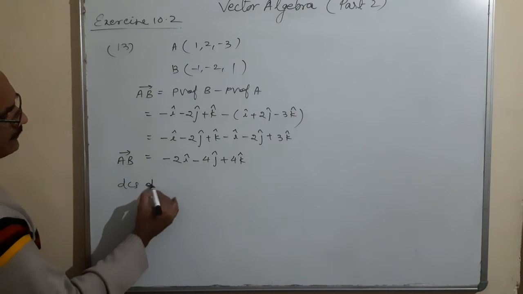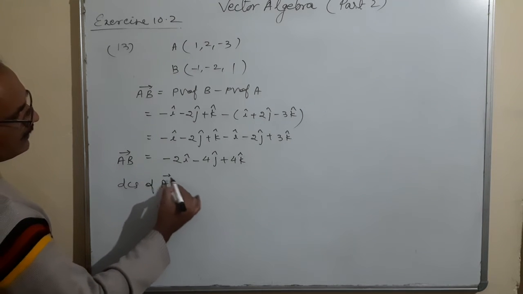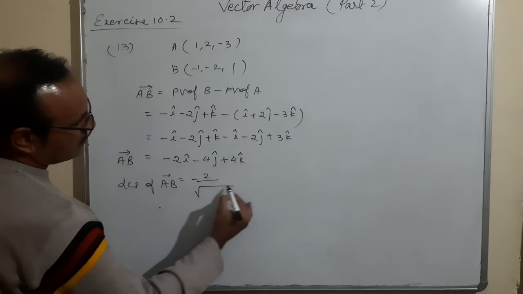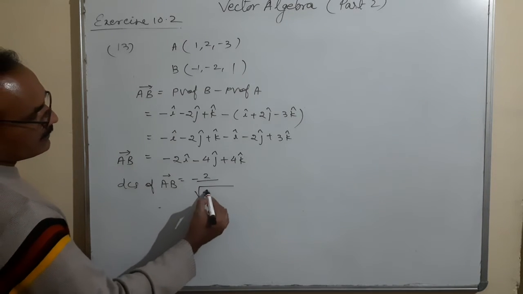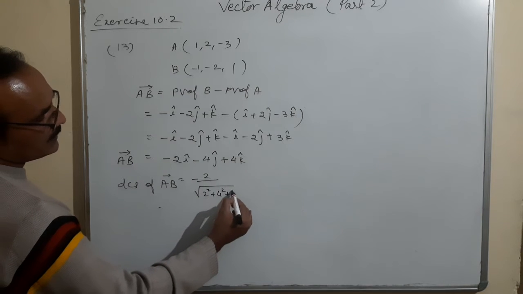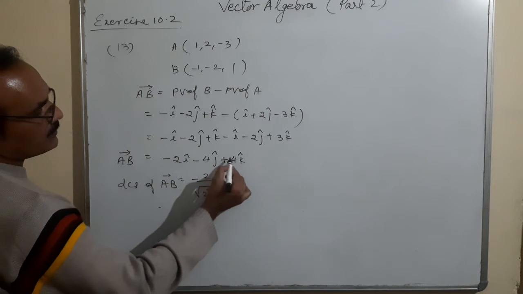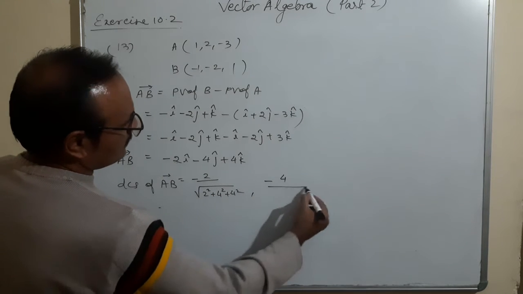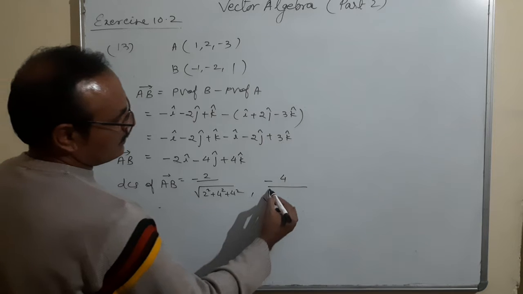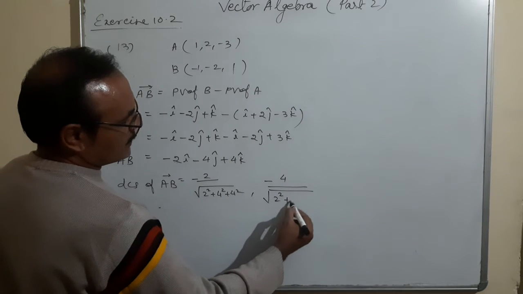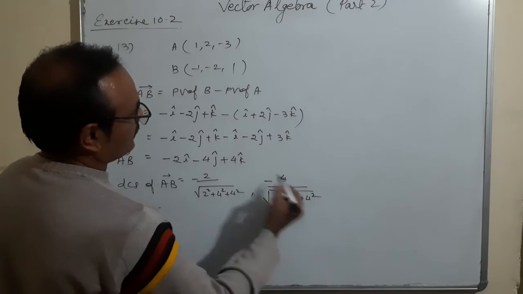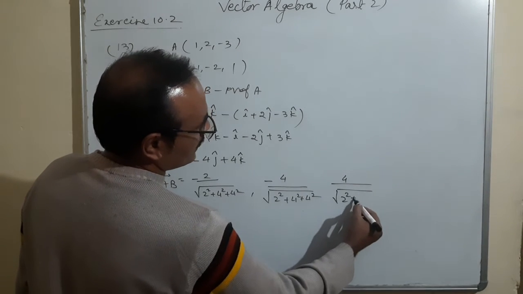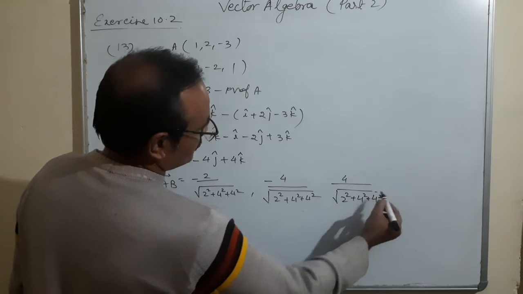So DCs of AB is equal to minus 2 upon under root 2 square plus 4 square plus 4 square, the magnitude. Then minus 4 upon 2 square plus 4 square plus 4 square, and 4 upon 2 square plus 4 square plus 4 square.